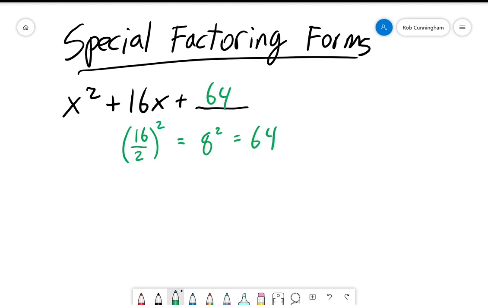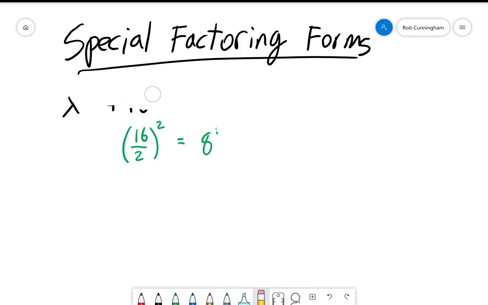So by now you should have a pretty reasonable grasp of what is and is not a perfect square trinomial, and that means if you recognize them out there in your exams or in your homework assignments, you'll be able to utilize this knowledge.